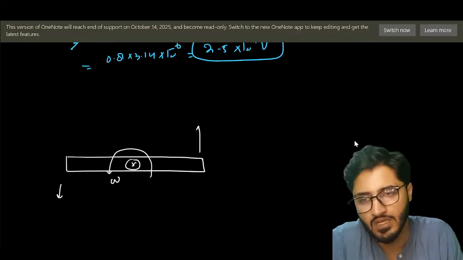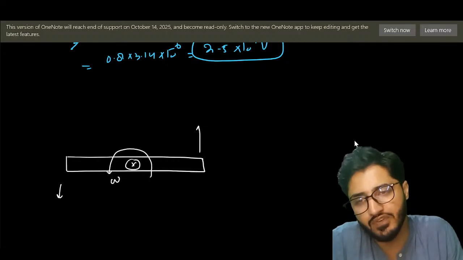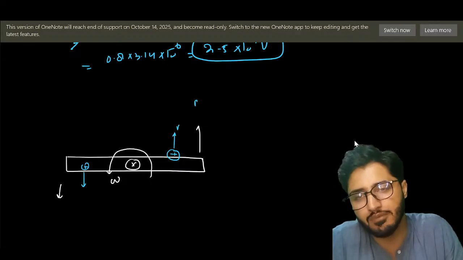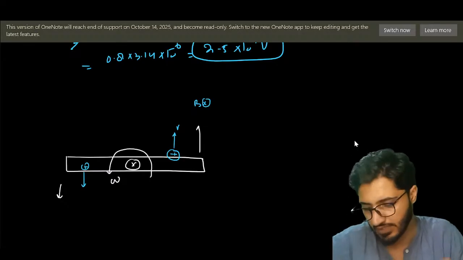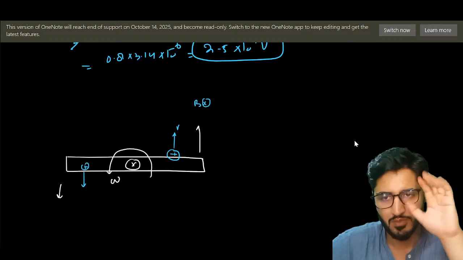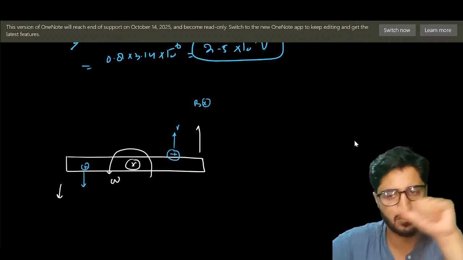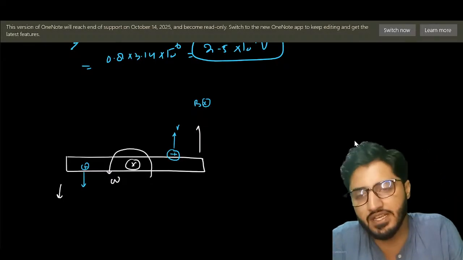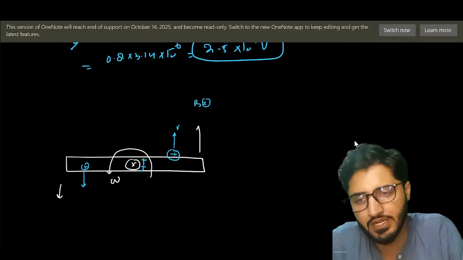If we have a positive charge here, its velocity will be upwards. For a charged particle here, its velocity will be downwards, and B is inwards. B is upwards, cross, so the thumb is going towards the hinged part. That indicates positive charge will accumulate here and negative charge here.